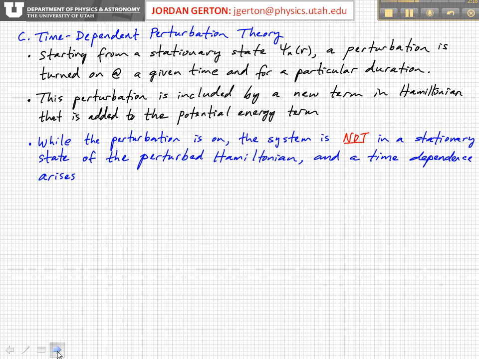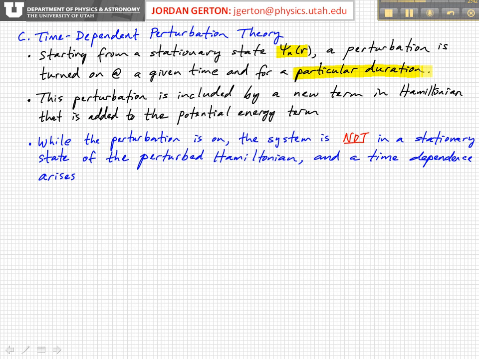Okay, and so we need to develop the concept of time-dependent perturbation theory. So what we do is we start from a stationary state. We start in an eigenstate, psi sub n, and at some particular time a perturbation is turned on, and that perturbation lasts for a particular duration.